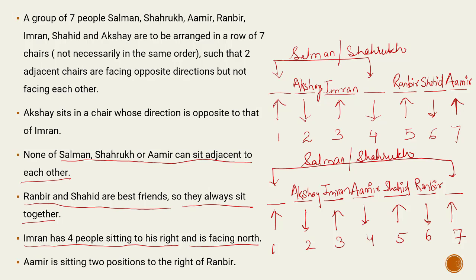Maybe one of the questions says if Imran sits adjacent to Shahrukh, then we have to go with our first possibility, because only in the first possibility can Imran and Shahrukh sit together. In possibility number 2, that arrangement is not possible. So that depends on the further questions related to this particular set.